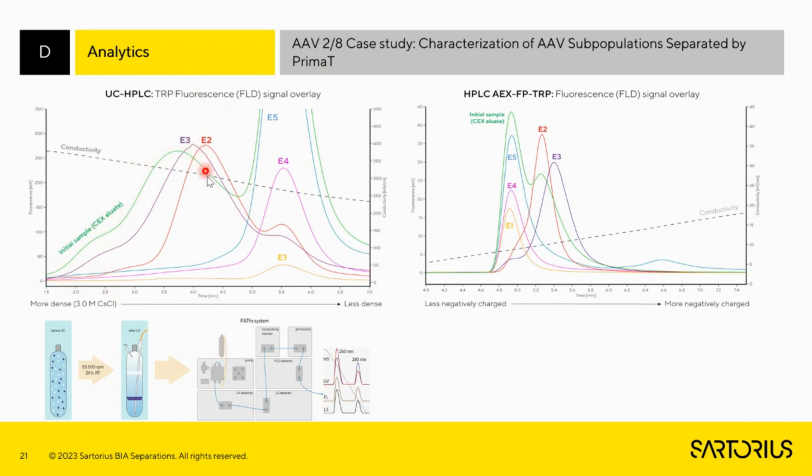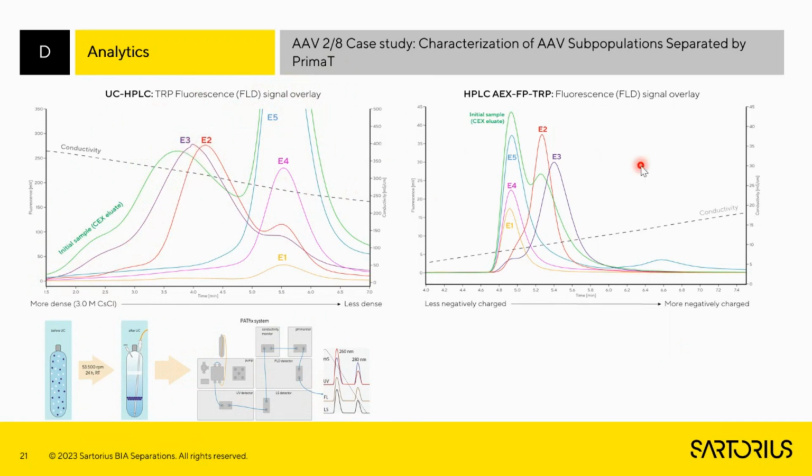Then we have the full capsids, the partial capsids, which are in between the empties and the fulls, and the empty capsids. E1, E4, and E5 all fall under the empty capsids, whereas E2 and E3 are both predominantly full capsids, with the difference that E3 also has a higher portion of heavy capsids and is also denser than E2.